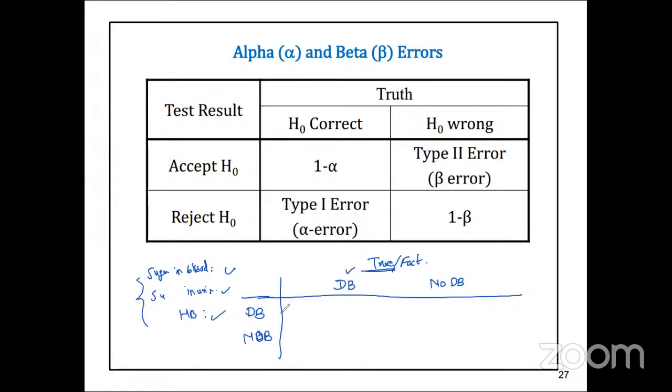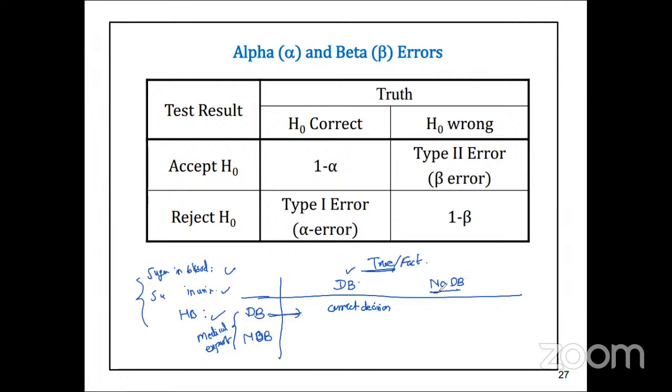Suppose this is the decision given by the medical expert. If I really have diabetes and the medical expert is also saying diabetes, then this will be the correct decision.